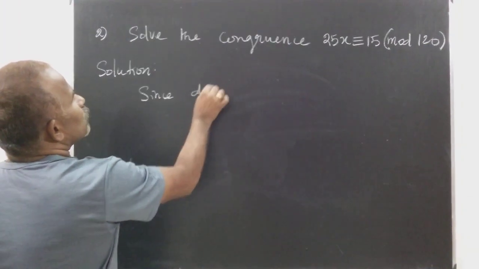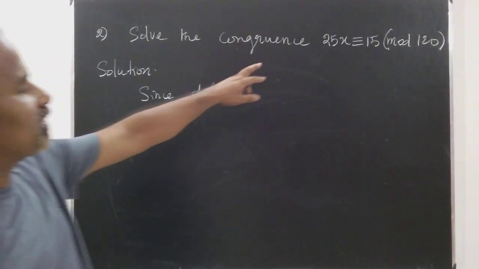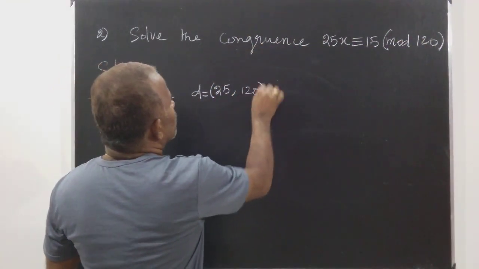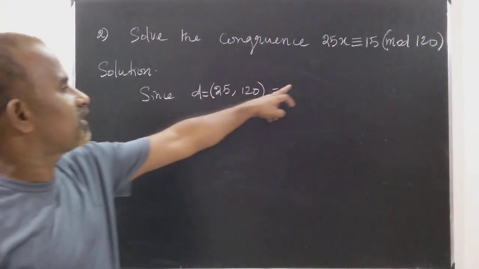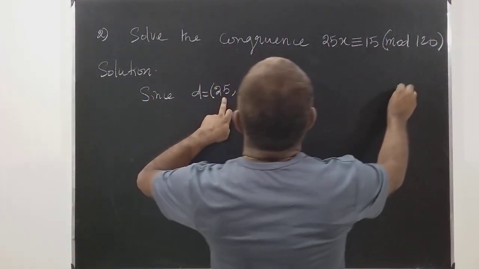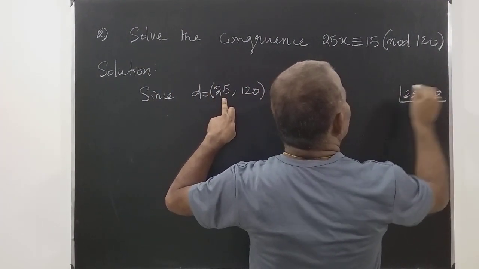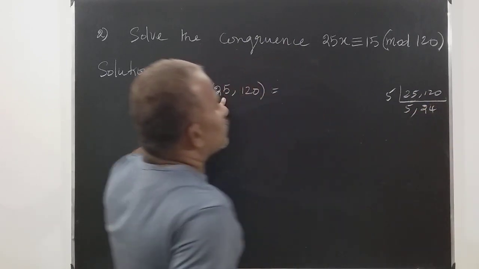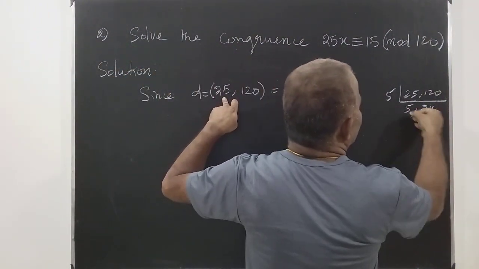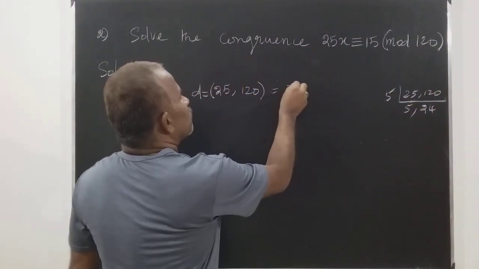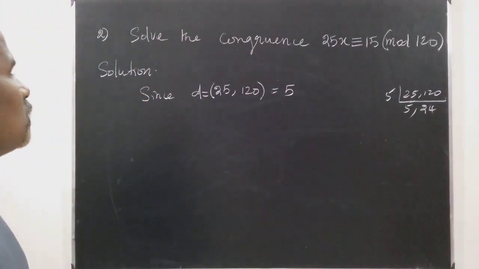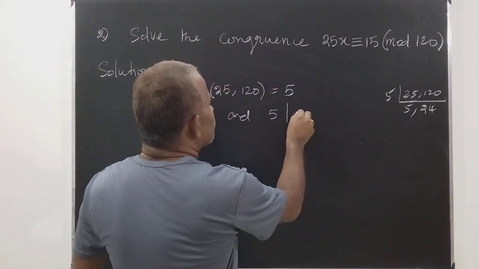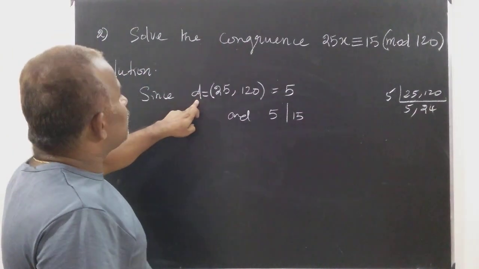Since the greatest common divisor of 25 and 120 is what? We can take out 5, leaving 5 and 24, which have no common factor. So 5 is the greatest common divisor, and this 5 divides 15.